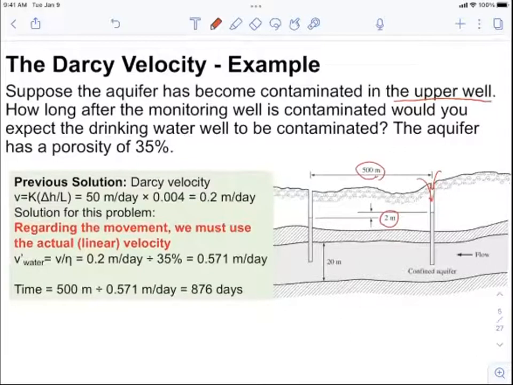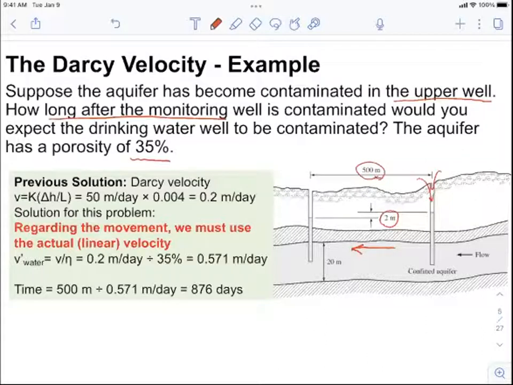Then, as we know, the groundwater is going to flow from the higher location to a lower location. And if we know the porosity, how do we estimate how long after the contamination you would expect the drinking water to be contaminated in the second well? How long will it take for these contaminants to flow this 500 meters here?